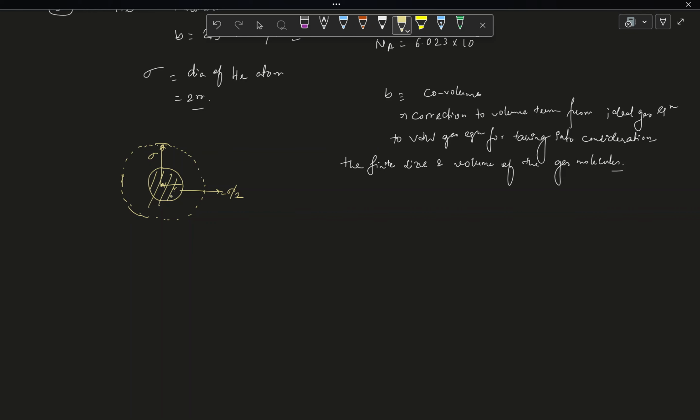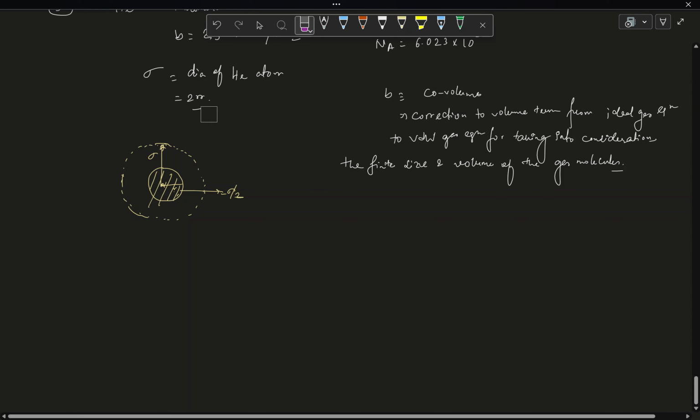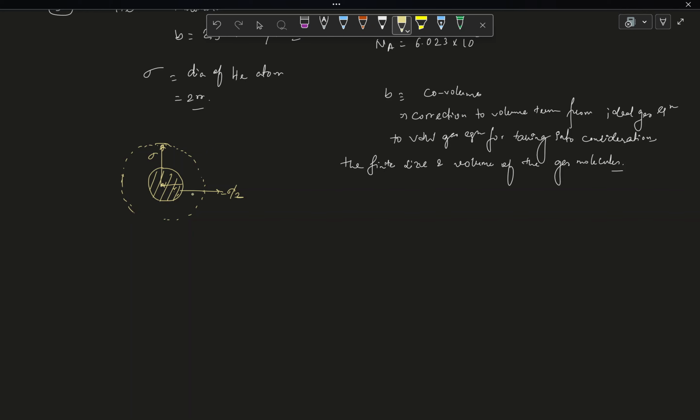So this inner part that I have dashed line in is basically the gas molecule of diameter sigma, and then around that molecule you can consider a sphere of influence.